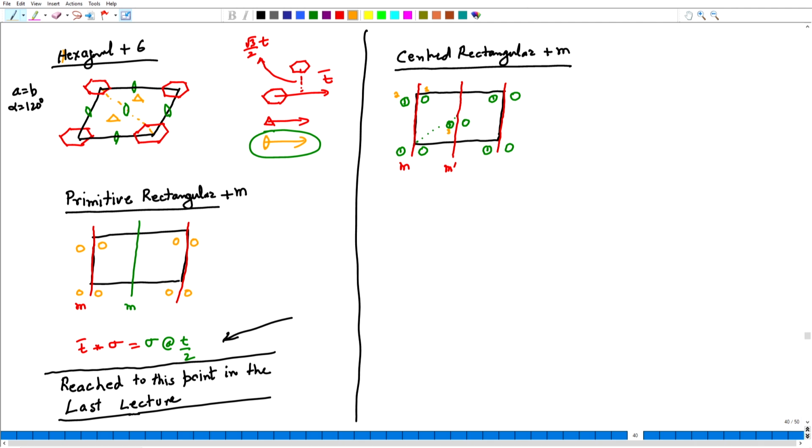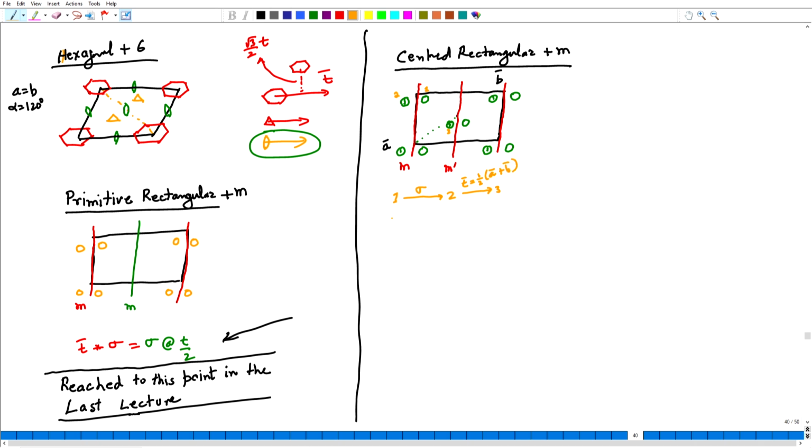So, I go from 1 to 2 through a reflection operation, then 2 to 3 via a translation operation. If I call this my A vector, this is my B vector, then very clearly the translation vector which will take the motif from 2 to 3 would be half of A plus B.